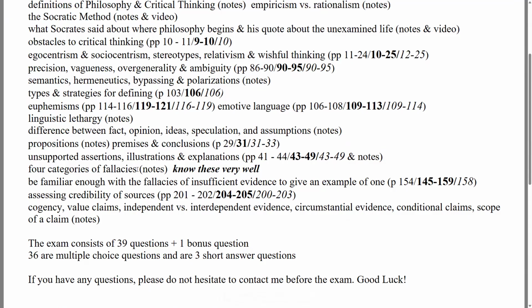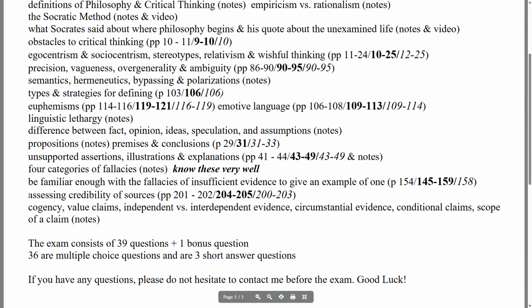But just know that it's the category of fallacies based on the way an argument is structured, okay, its particular form. Now, be familiar with enough of one of the fallacies of insufficient evidence, okay? You don't have enough reason to believe something, to give an example of one, all right? And you'll find information in the textbook here, all right? That might be one of the short answers on the exam.